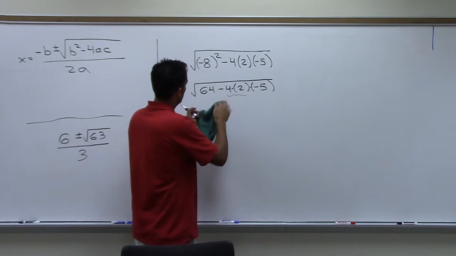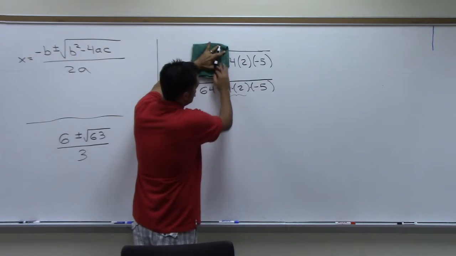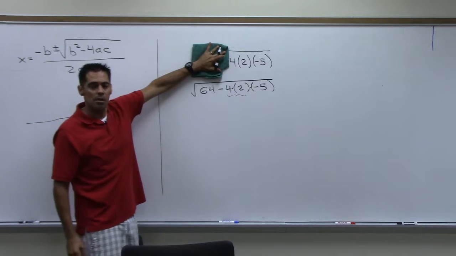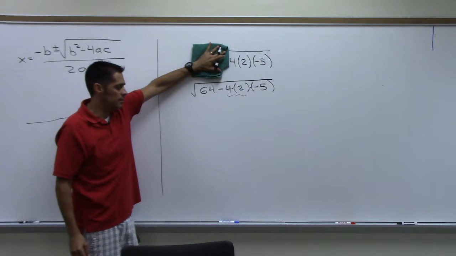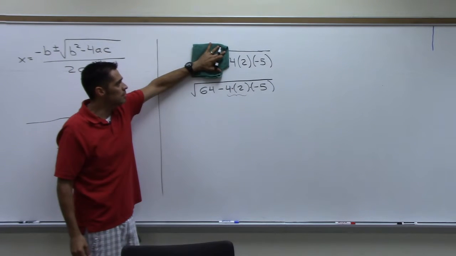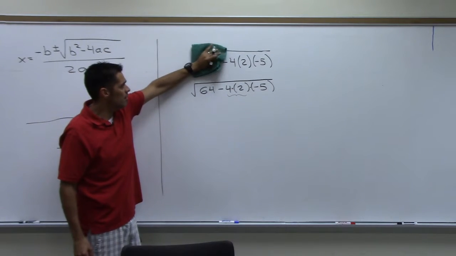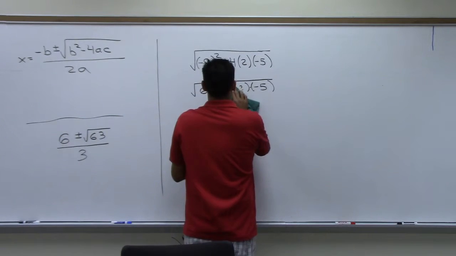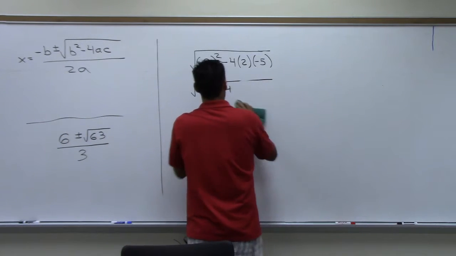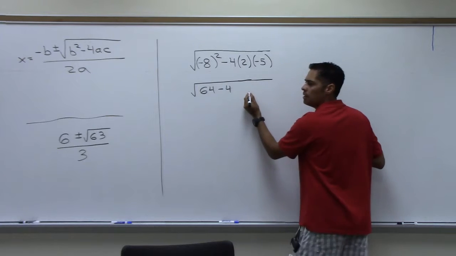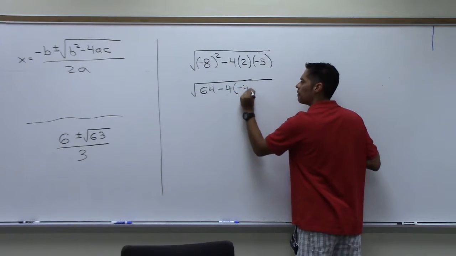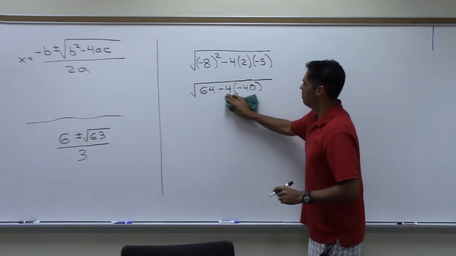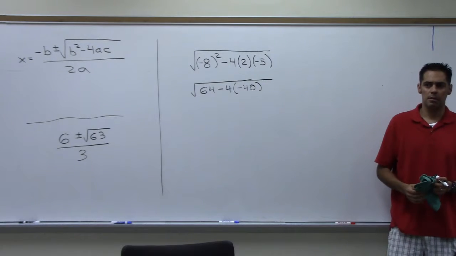All right? And just do that. 4 times 2 times negative 5. What's 4 times 2? 8 times negative 5? Negative 40, right? So now uncover this and put down right here what we just said. What was it? Negative 40. Got that?